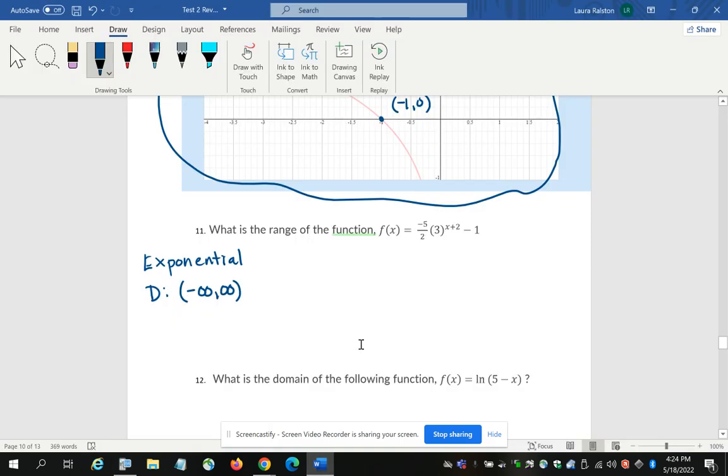So my range for this particular problem, now remember, range corresponds to the y values, and the easiest thing to do is look at the graph, and it goes from negative infinity to negative 1, but we don't include the negative 1 because that's where your horizontal asymptote is going to be.